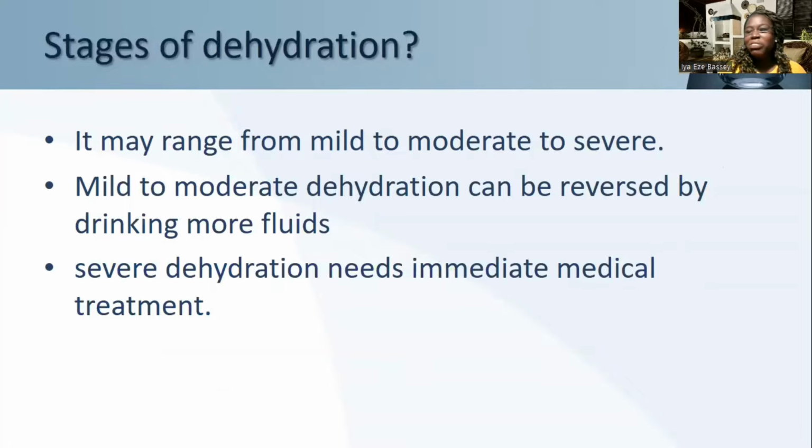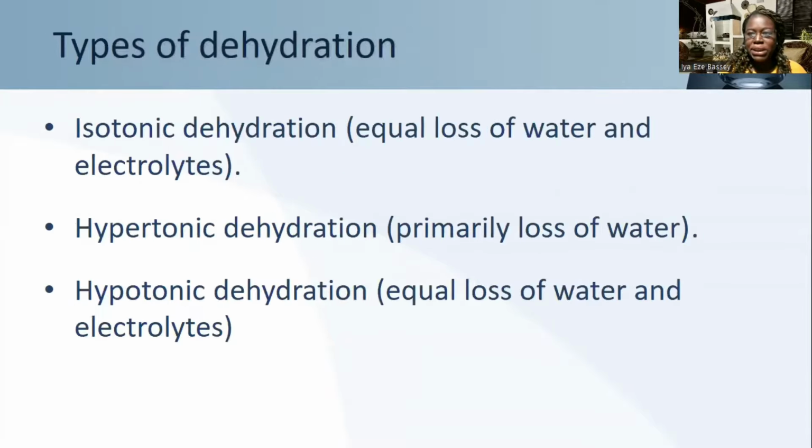And this dehydration may range from mild to moderate to severe. If you have mild to moderate dehydration, it can be reversed by drinking more fluids, all right? But if you do have severe dehydration, you may actually need to have medical treatment.